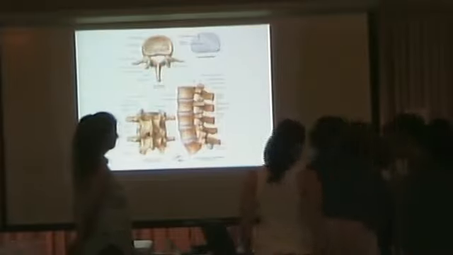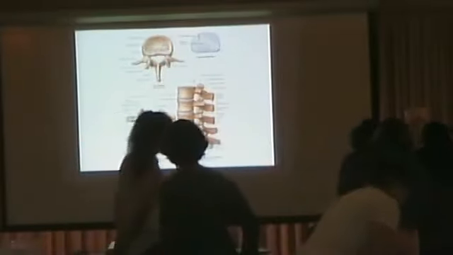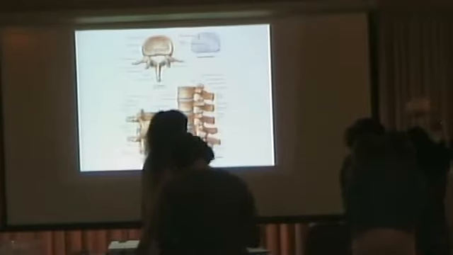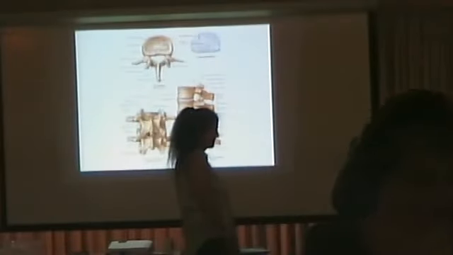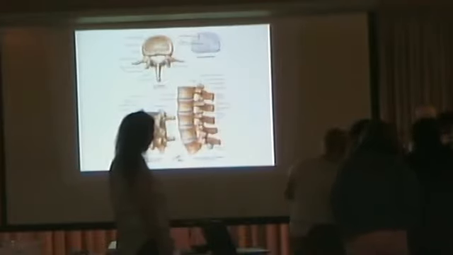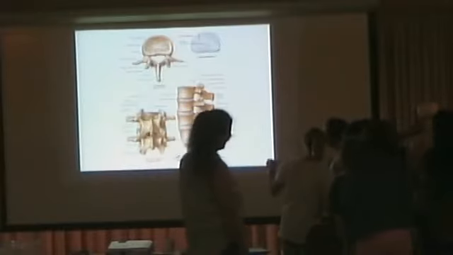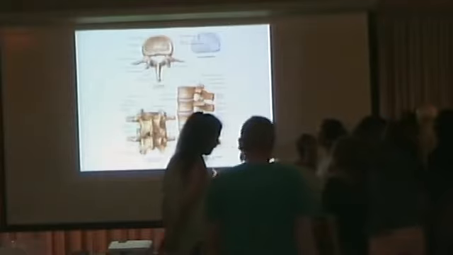We are looking at the lumbar spine, the facet joints. Can you see the joint? If you compare with the rest of the spine, the facet joints have a different direction.